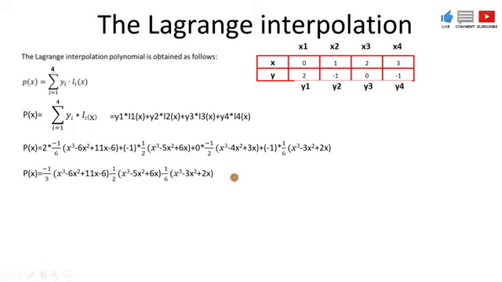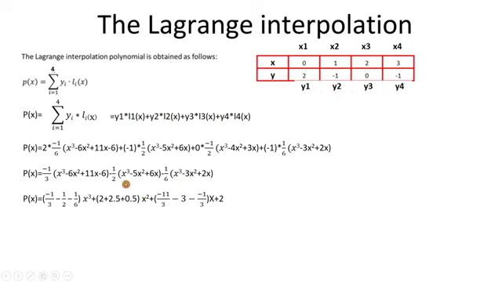By more simplification, we get this. 2 multiplied by minus 1 over 6 will be minus 1 over 3. And here, minus 1 multiplied by 1 over 2 will be minus 1 over 2. And this one will be 0. So minus 1 multiplied by 1 over 6 will be minus 1 over 6. And the bracket is still the same.